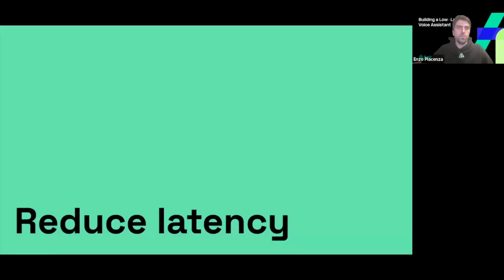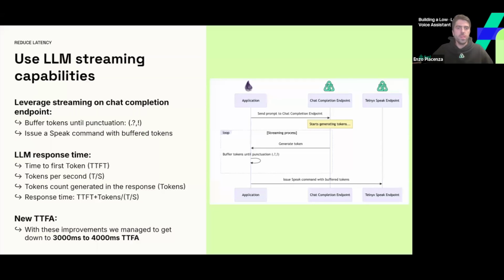First, we will focus on reducing the latency. Remember, we were around 6 to 10 seconds to get the first audio. So let's see what we've done. The first thing, as you might have imagined, was that we were waiting for the full LLM response, which is not very effective, because if the LLM outputs something very big, your response time depends on the length of the LLM response, and you don't want that.